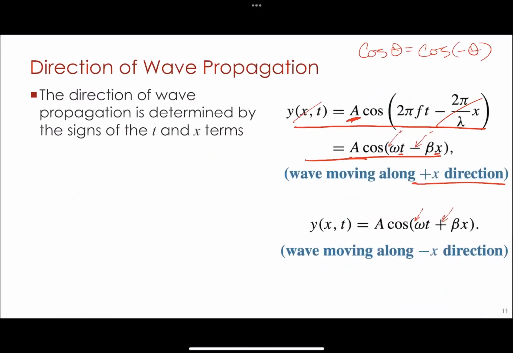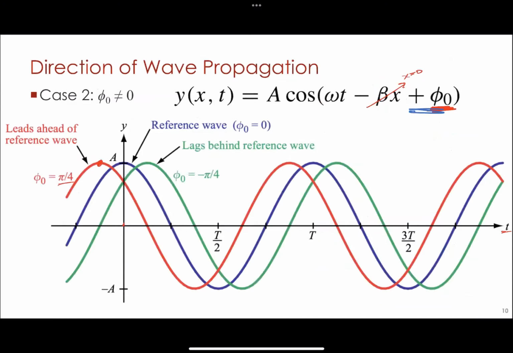Oh, because it had a plus phi 0? Yeah, yes. Okay, it's plus phi 0, but phi 0 equals a negative number. So we started with our red wave, right? Which is kind of like this reference wave here. And then we needed to move that wave to the right to equal the wave that we're interested in, right? So shifting it to the right means phi 0 is going to be a negative number.